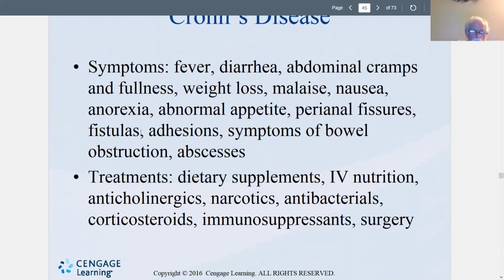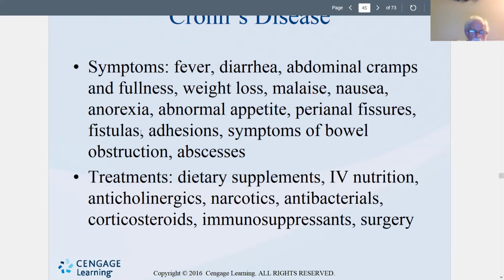Treatments: we can use certain forms of dietary supplements, immunosuppressants. The pain is often treated with narcotics. If we know that there's a bacterial involvement, we can use antibacterials.